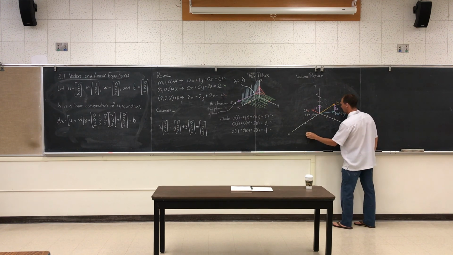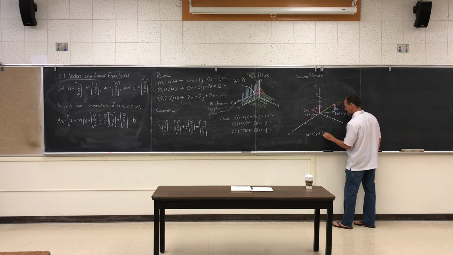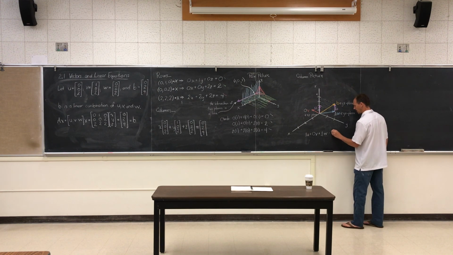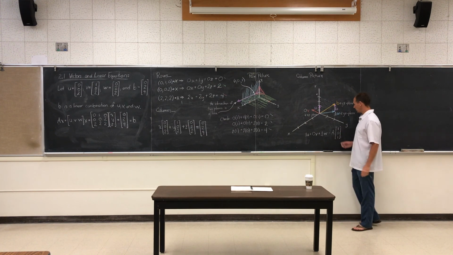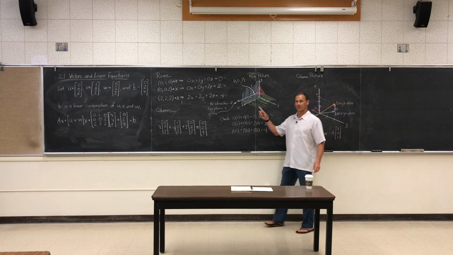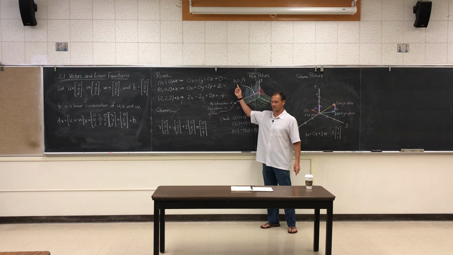Our answer was 1 U plus 0 V's plus 1 W. In other words, the matrix A times the vector solution 1, 0, 1. And as expected, those scalars match the solution that we got from our row picture.